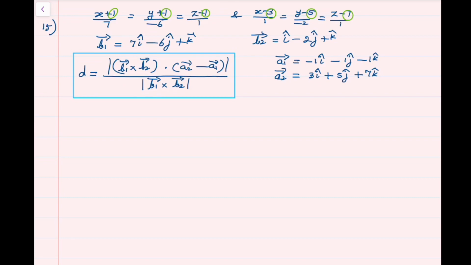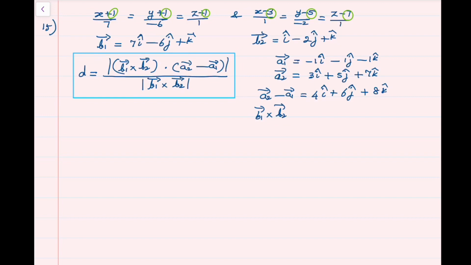Let us find vector a2 minus vector a1. 3 minus of minus 1 plus 1 is 4i, plus 5 minus of minus 1 plus 1 is 6j, plus 8k.